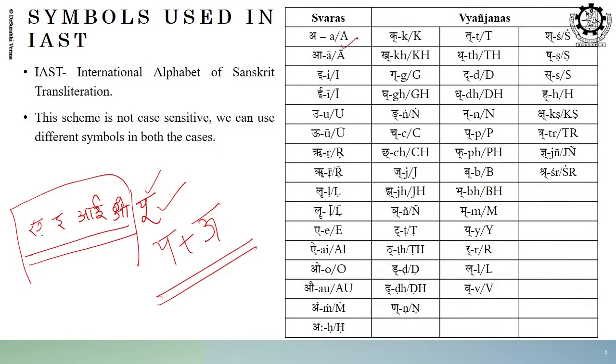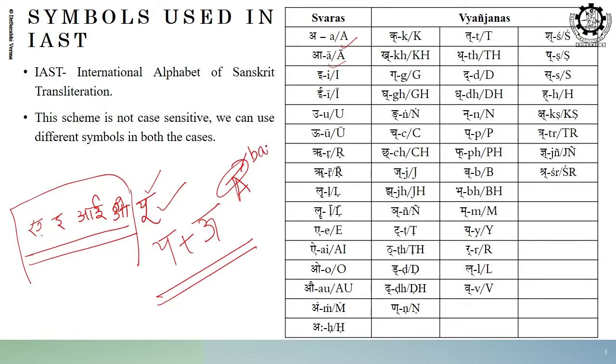So, for the short syllable akara, we use a, uppercase or lowercase. So, the symbol is a. Then for the longer vowel it's a bar. This line on the top of the a is a bar.